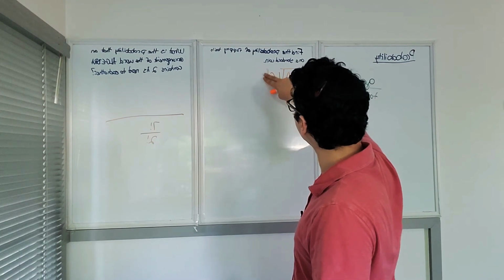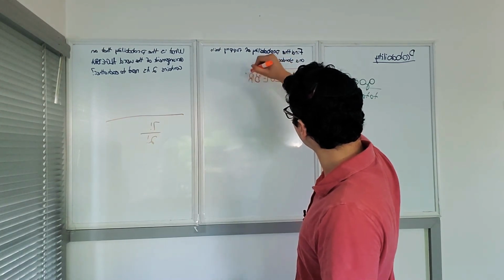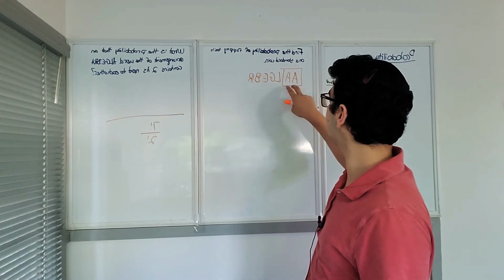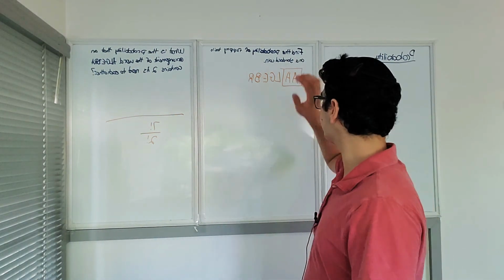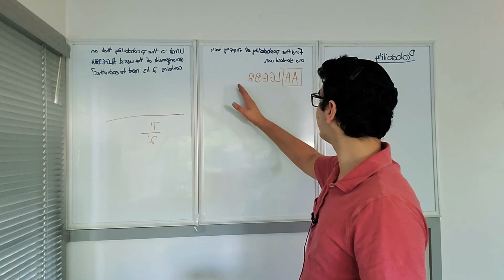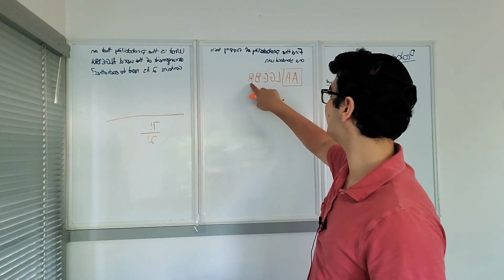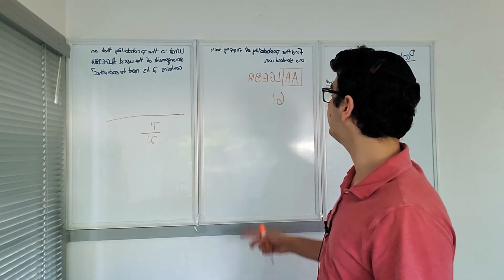I forgot an E. And so now, instead of having the word algebra, we have 2 A's together that act as 1 letter. That way, they're always going to be together in any way that I arrange this, because we have 1, 2, 3, 4, 5, 6 letters. And so we have 6 factorial ways to arrange this.